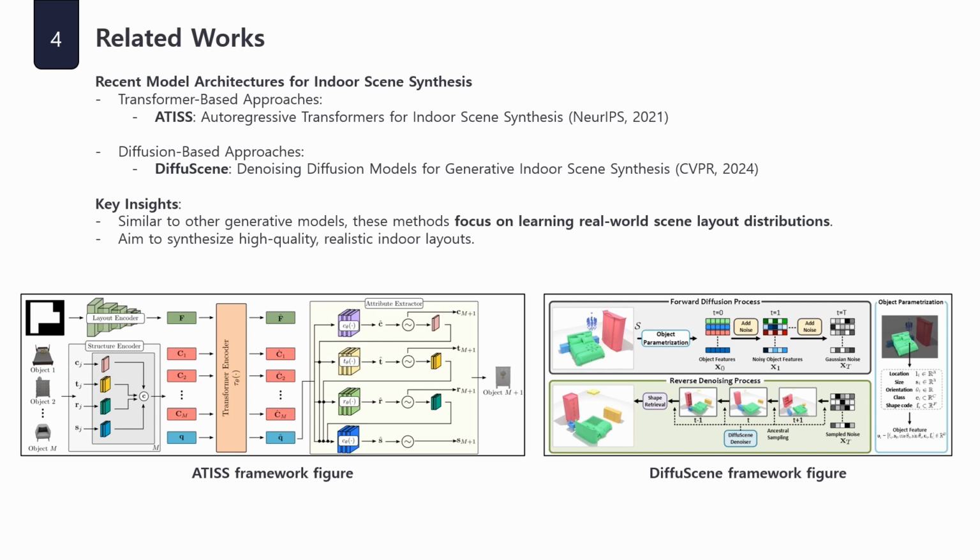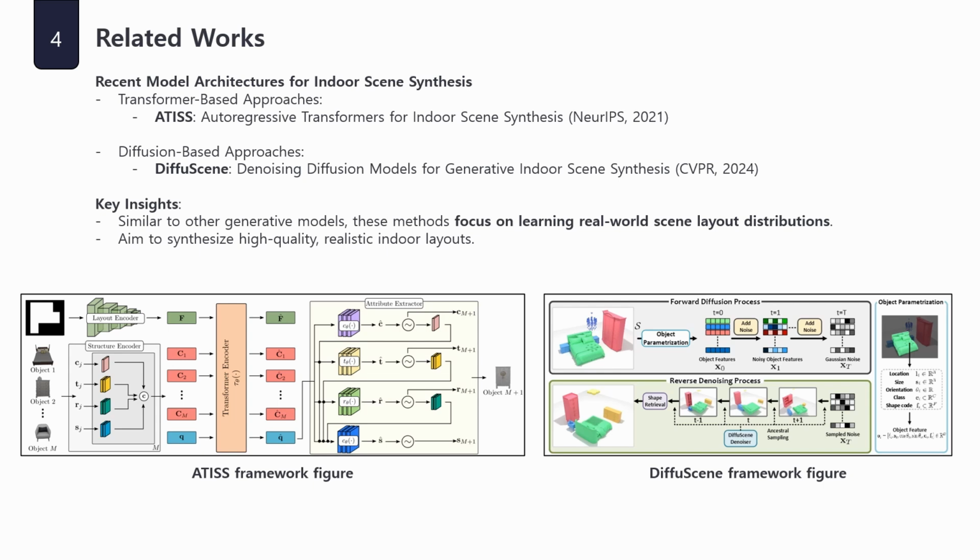Using the generated bounding box information or shape features, suitable furniture is retrieved from a database storing object files to construct the final 3D scene. The key focus of previous indoor scene synthesis studies, including these two, has been on enabling models to learn the distribution of real-world scene layouts as accurately as possible.